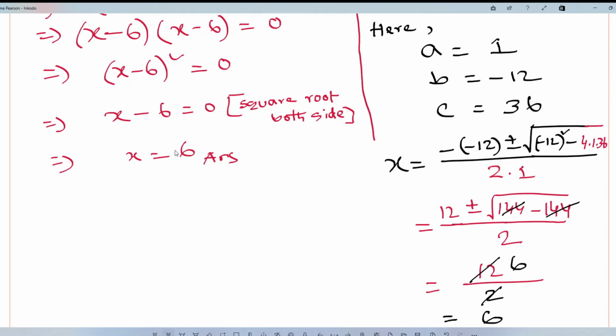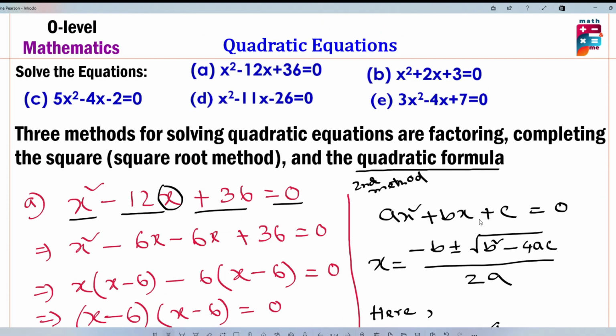Look, in the factoring method we got the result 6, and here also 6. So any method you can implement, but take care about which one the question paper needs. Here it says nothing, so we can follow any method, either factoring, completing the square, or the quadratic formula. So first one is done.